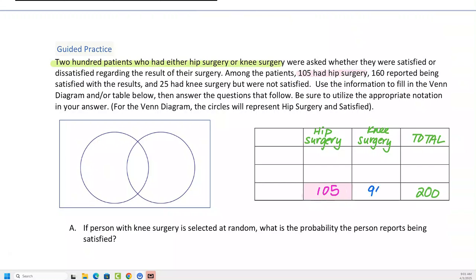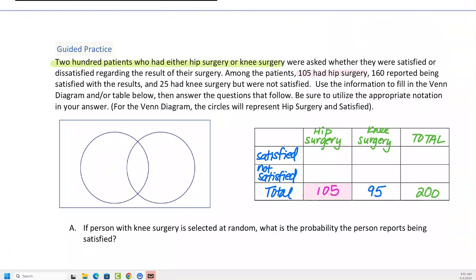Isn't that going to be 95 here? Oh, I didn't fill in my other column. Isn't it going to be satisfied and not satisfied? In total.